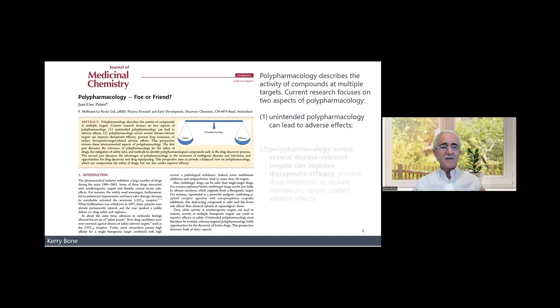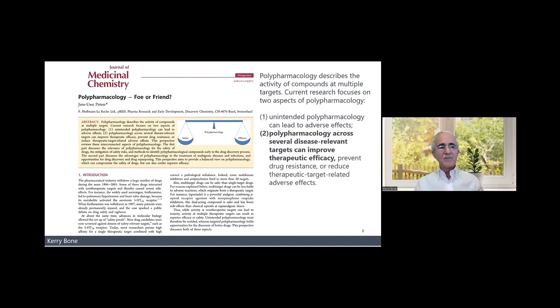But on the positive side, and this is where it relates to intelligent mixtures and network pharmacology and the inherent polypharmacology that is there in many individual plant phytochemicals, polypharmacology across several disease-relevant targets can improve therapeutic efficacy. That's network pharmacology, isn't it? Prevent drug resistance or reduce adverse effects, all as described in the simple example I gave you earlier.